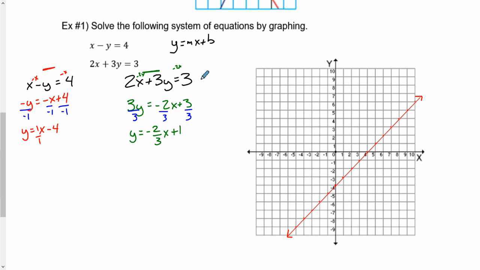Secondarily, we can graph our second line. It has a y-intercept of +1 and a slope of -2 over 3, which means we go down 2, right 3, down 2, right 3. Again, continue that for the entire graph. Same as going down 2, right 3, we'll be going up 2, left 3. From there, I can do my line.